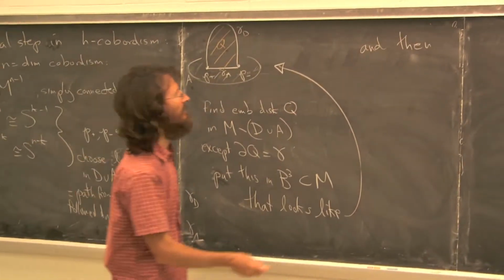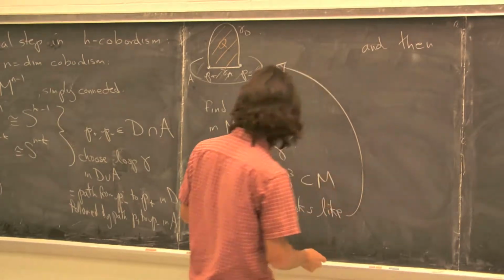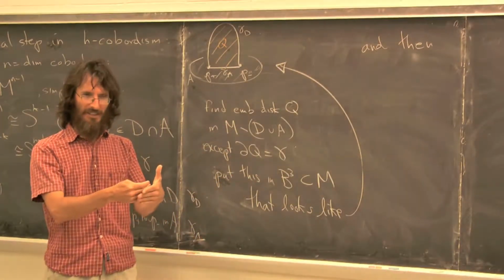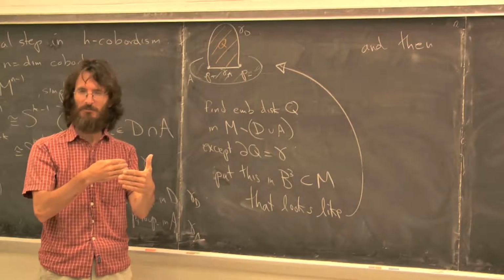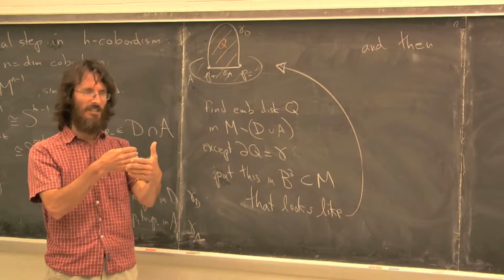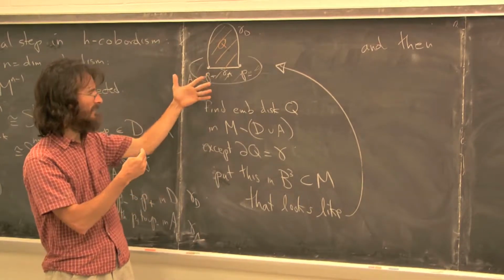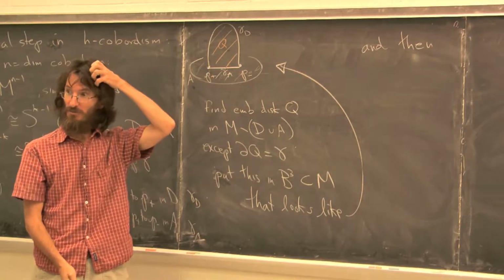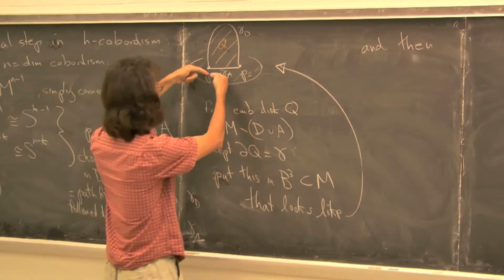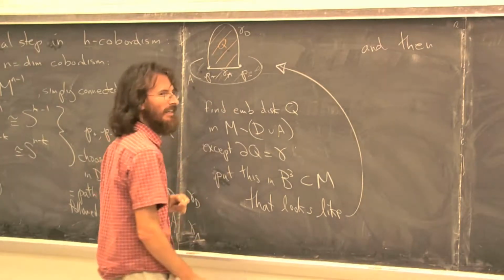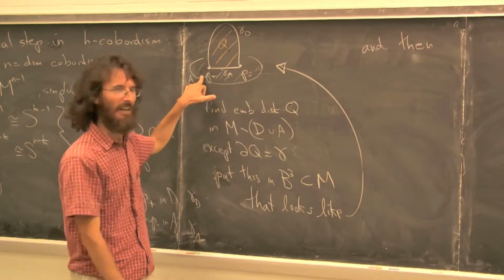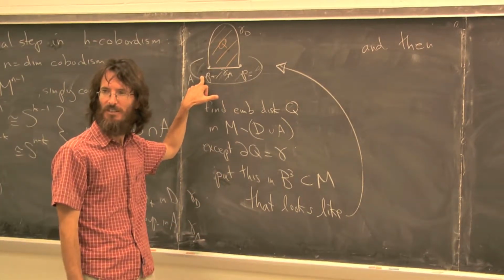The point is, you do an isotopy in this ball, and then you should have a collar neighborhood, a product, of the isotopy. So I can just move A up and over, and A is really higher dimensional, it's not just two-dimensional.